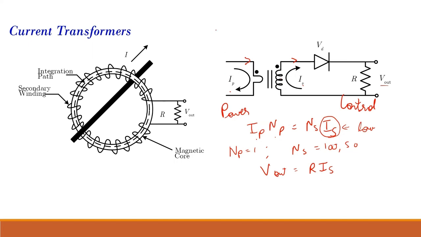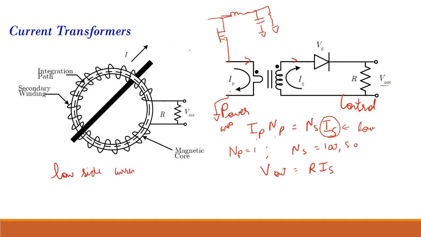Now assume this is my ground, this is my inductor and capacitor, ground and resistor. Assume this is low side current sensing.